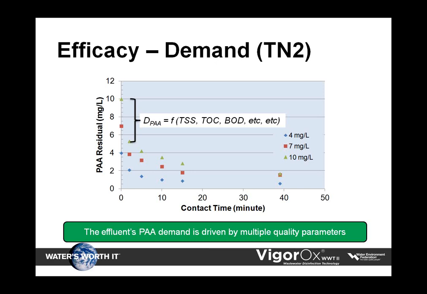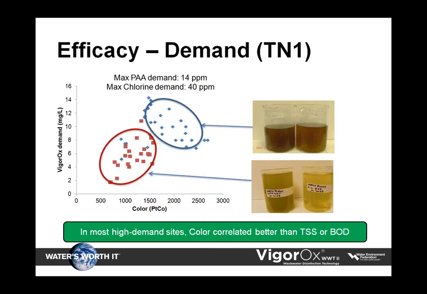An additional challenge is that in many cases, demand does not correlate well with any of these parameters. For example, another plant in Tennessee receives industrial effluent several times per month. Every time this happens, color increases significantly, but TSS or BOD remain fairly constant.